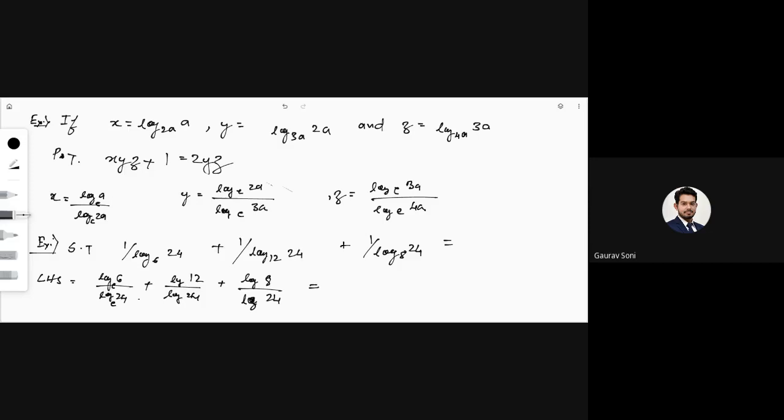Now all the denominators are the same, so I can add the numerators: log to the base e of 6 plus log to the base e of 12 plus log to the base e of 8 upon log to the base e of 24.